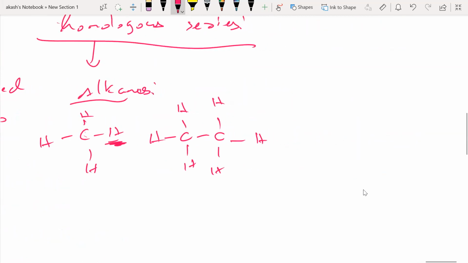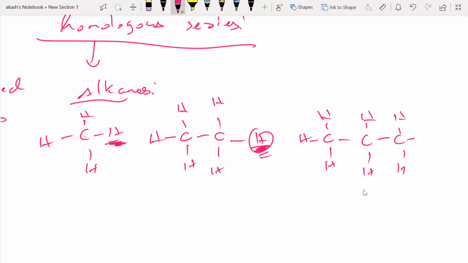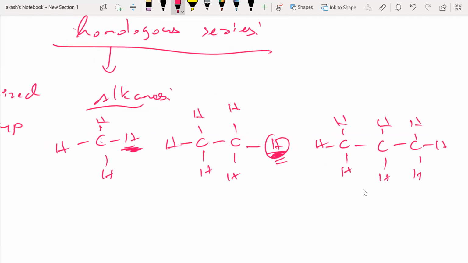Now in this compound, I replace one hydrogen with another carbon, and again the tetravalency should be satisfied. Like this, you will get the next one. So homologous series means the same family of compounds.